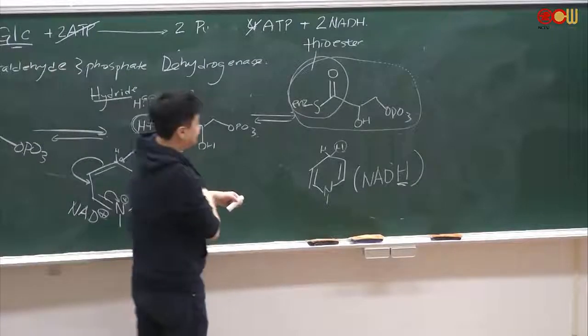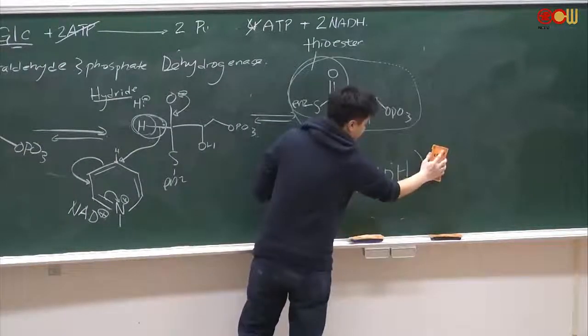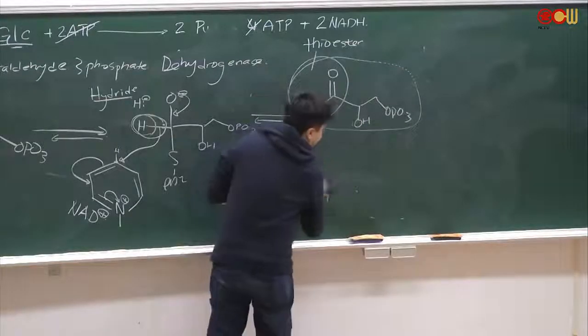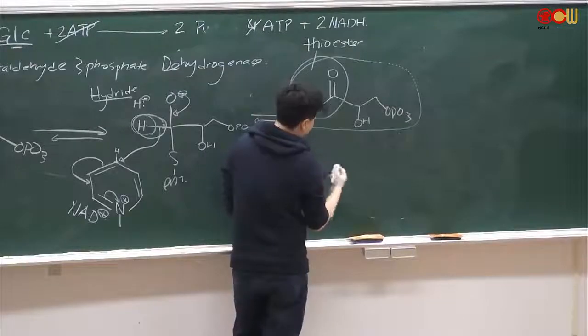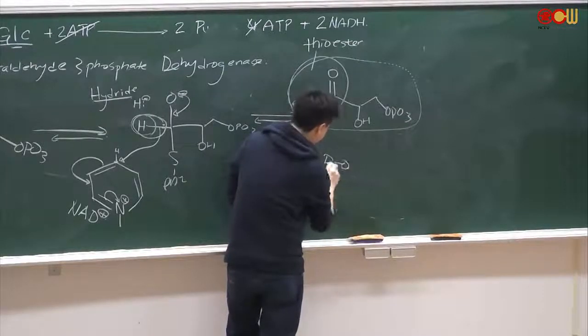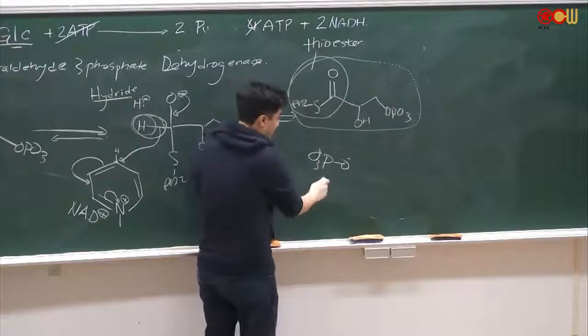So can I erase the NADH real quick? What's going to happen is that you're going to have a phosphate here. I'm just going to write it like this. This is inorganic phosphate.